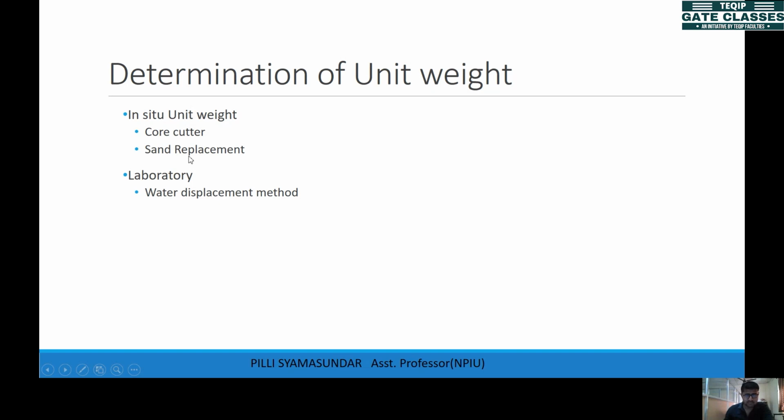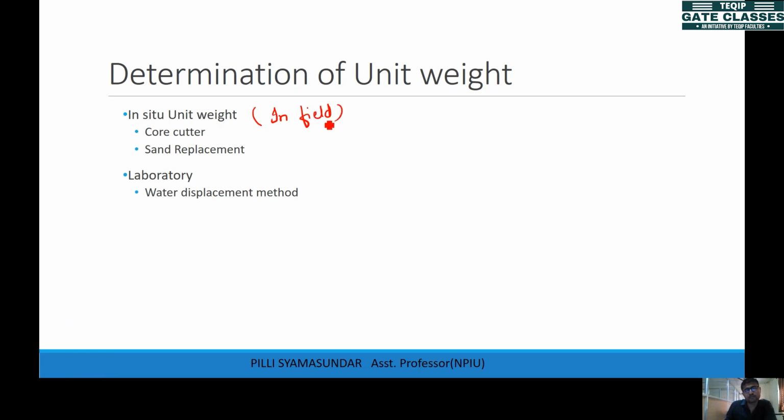So for the determination of unit weight, you have two kinds of methods. Some we do in the field, which are called in situ methods. In situ means in the field.